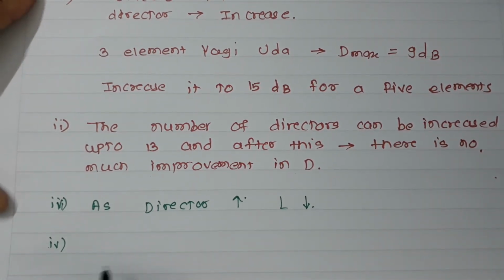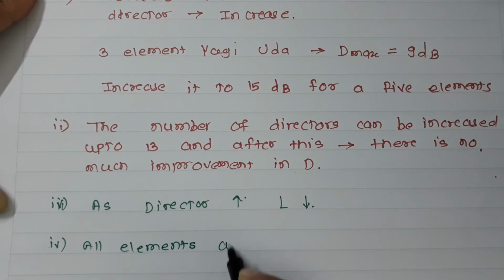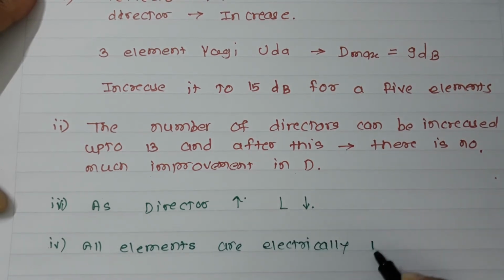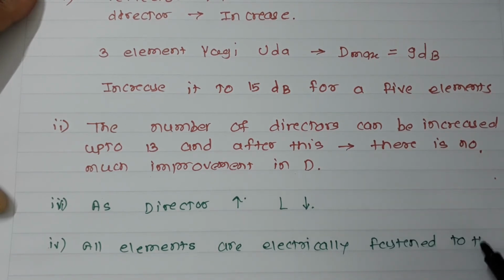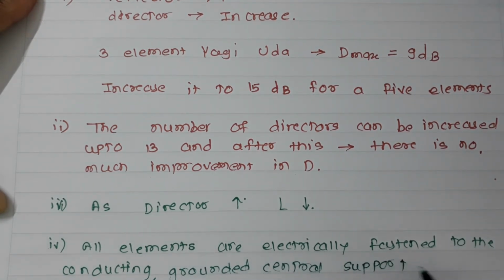Next point says that all the elements are electrically fastened to the conducting, grounded central support rod.